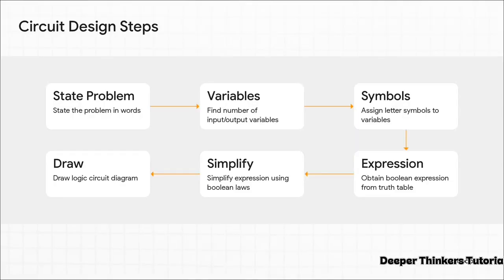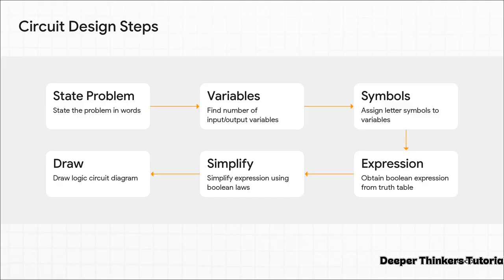And finally, we are in section 6. Now we are talking about final exam practice problems. So these are the problems you are likely to face in your exam. And how do we face this? We state the problem as the first step. So these are the circuit design steps, that's how to design circuits.